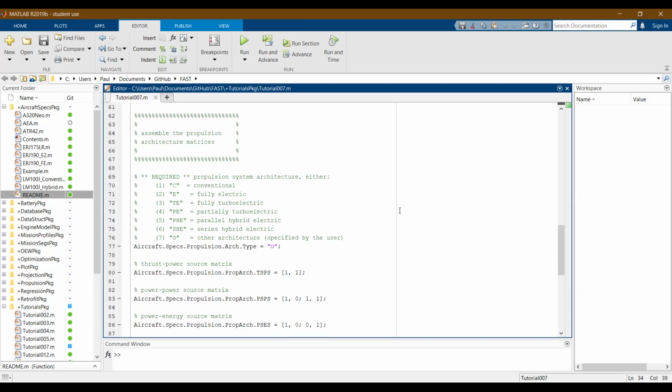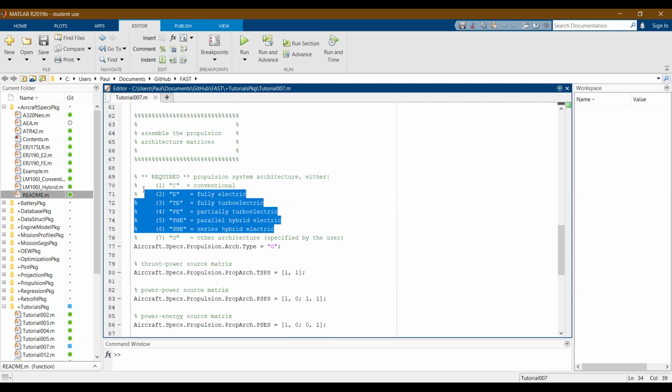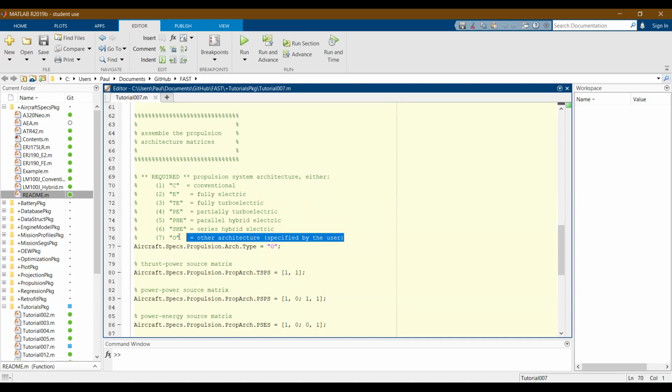Now remember, in addition to inputting the matrices, we also need to change the propulsion architecture type. So if you remember earlier, I was talking about the 6 possible propulsion architectures that we ship with FAST. And then if you want to specify one yourself, you provide an O for the architecture type, which is what we did here.